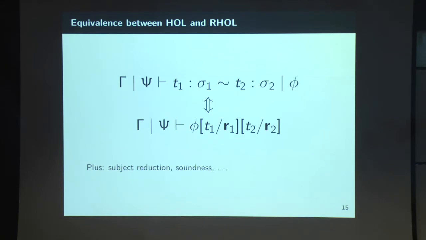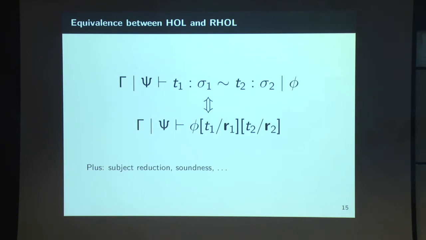And the important part of this rule is that it allows us to prove this theorem, which is that HOL and RHOL are equivalent. Right, so this is great, this is fantastic, because it means that our system does not lose any kind of expressivity from HOL. It also gives us semantics for RHOL, the same semantics as HOL.